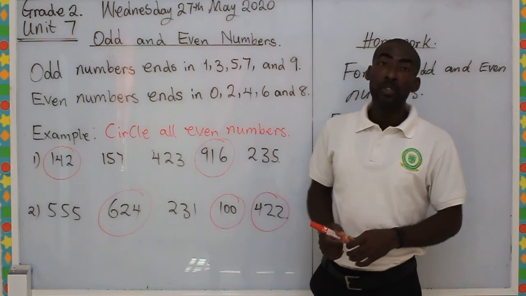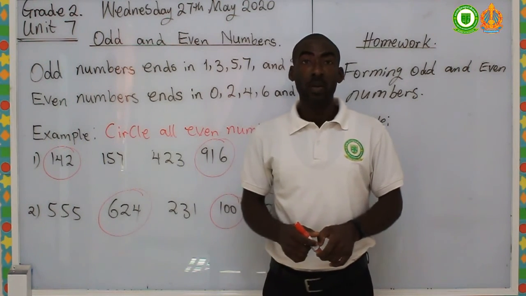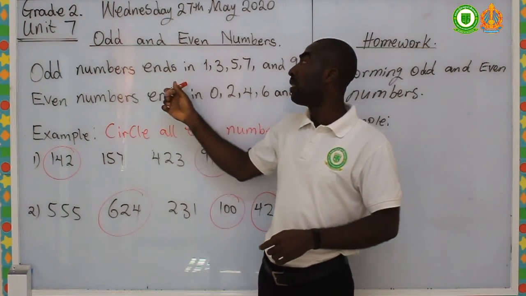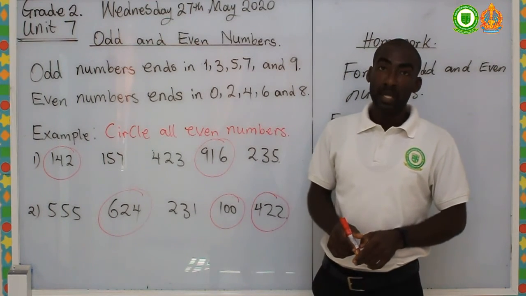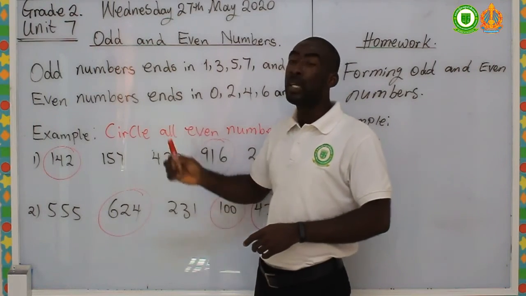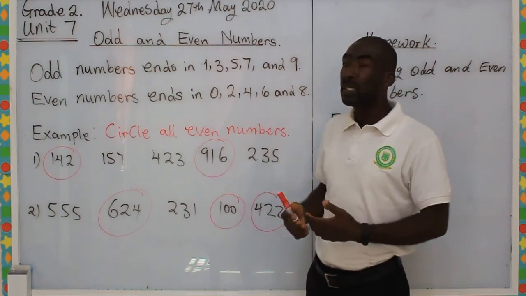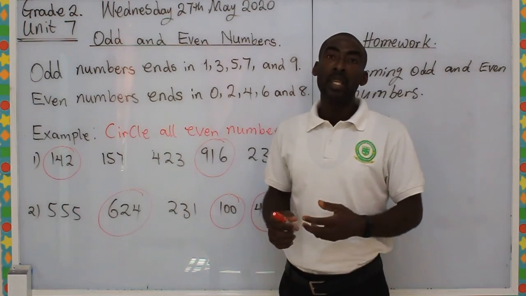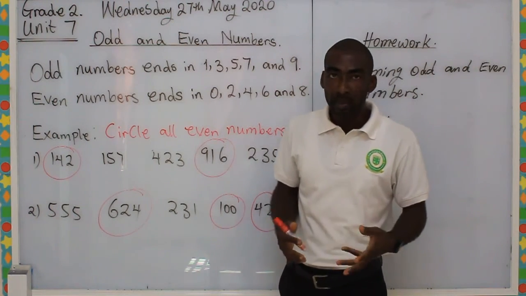Again, how do you identify that this big number is an even number or an odd number? These are the strategies that we also learned today, how to identify large numbers to be odd or even. We always look at the last digit of that number. If the last digit is 1, 3, 5, 7, or 9, it means that particular number is an odd number.